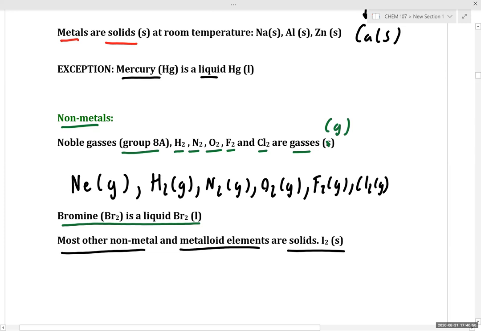And depending on whether we're dealing with a noble gas or a nonmetal, we either have an atomic gas, or a diatomic or molecular gas. Bromine is the only nonmetal that is a liquid, and every other nonmetal and metalloid is going to be a solid at room temperature.